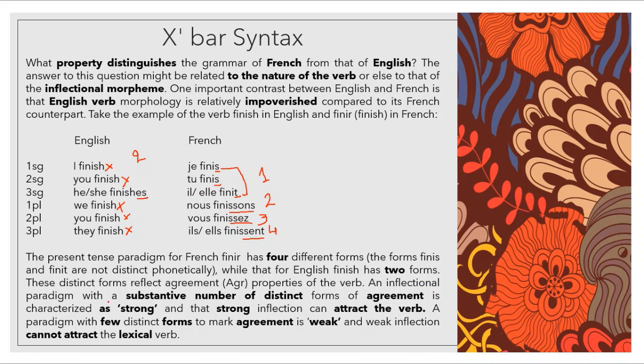An inflectional paradigm with a substantive number of distinct forms of agreement is characterized as strong. And that strong inflection can attract the verb. يعني من عندها بزاف ديال الفورمز كنعتبروها بلي انها قوية، يعني هاد المورفولوجي ديالهم قوية. كيما نقولوا بحال المغناطيس هي اللي كتجبد الverb عندها.